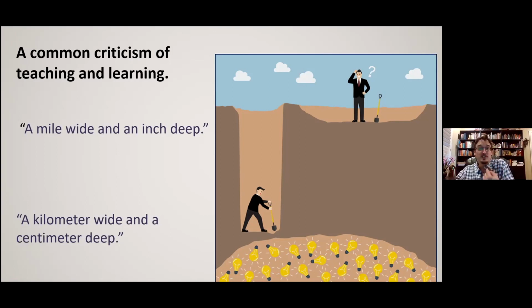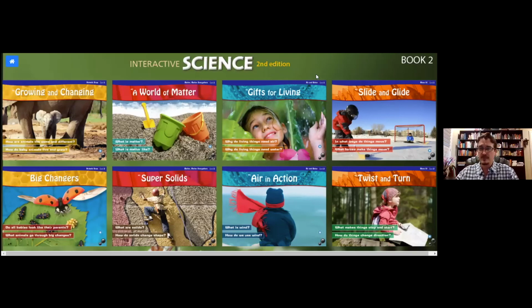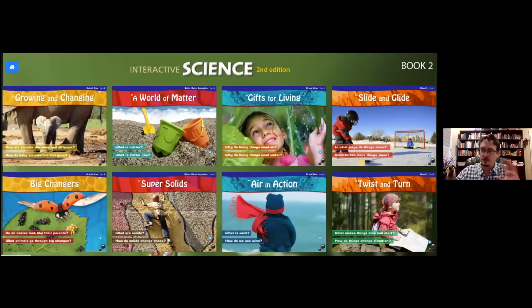One thing in connection with the book and those materials is also the online app. This is the online app here. We looked at it a little bit back in July, but as you can see here, this is book 2. And then you see each of our sections, right?